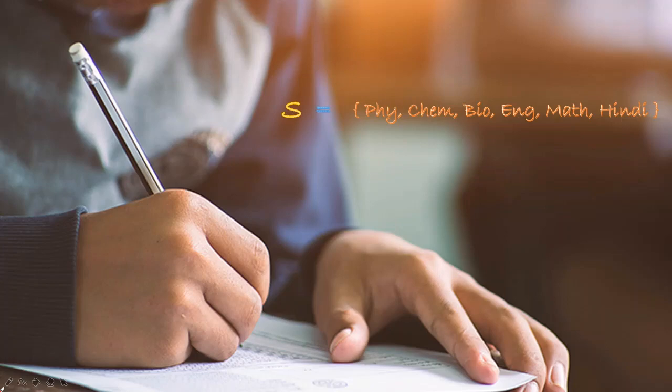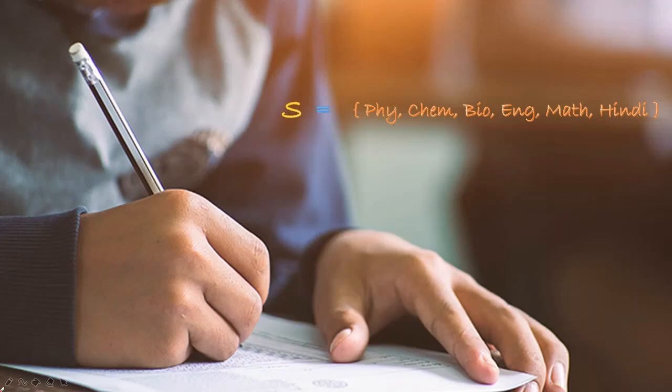There are more subjects you can choose, but suppose these are the only possible outcomes that the students choose. Just suppose that our sample space contains the elements physics, chemistry, bio, English, maths, and Hindi.